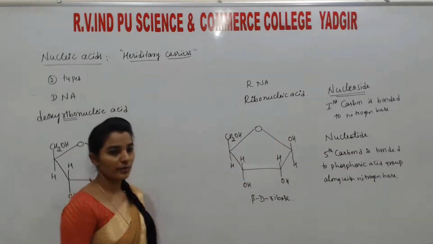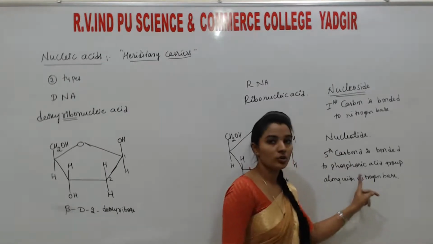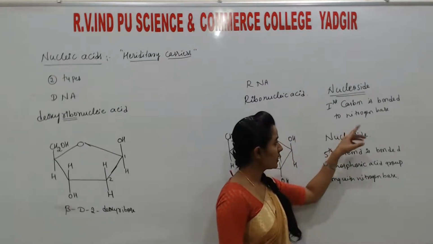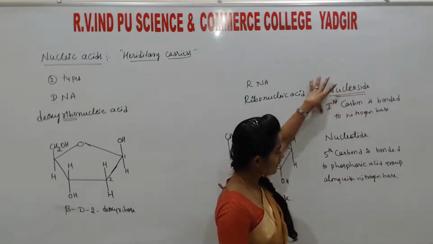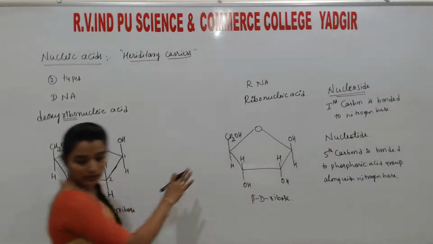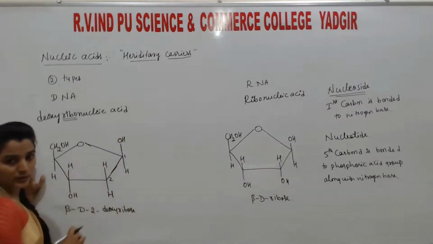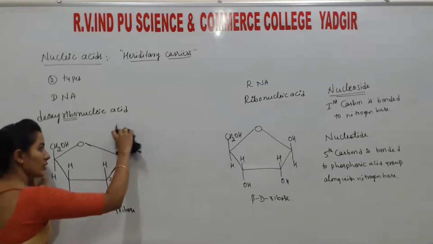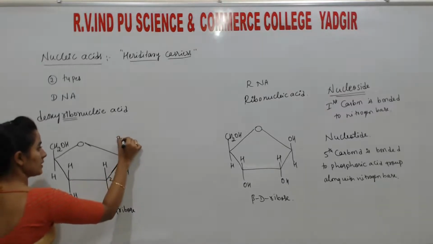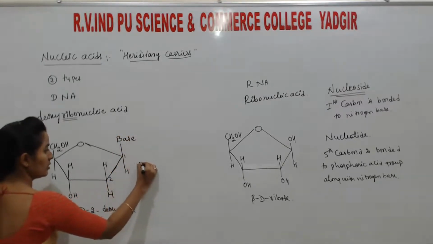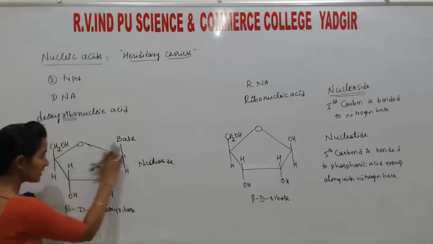Nucleoside and nucleotide: the nucleotide is always present along with the nucleoside, but a nucleoside can be formed alone. Here, if instead of this OH group, I am writing the base in DNA, then this is a nucleoside.